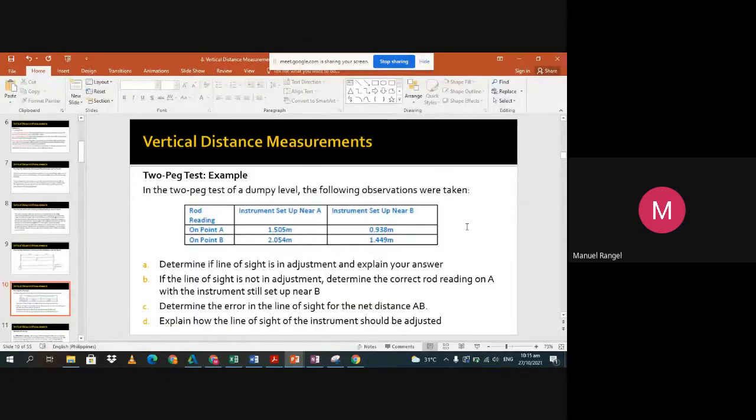In a two-peg test, the following observations were taken. On point A, 1.505 meters, and instrument on point B, that is 2.05 meters, and for instrument setup near B, 0.938 meters and 1.448 meters.